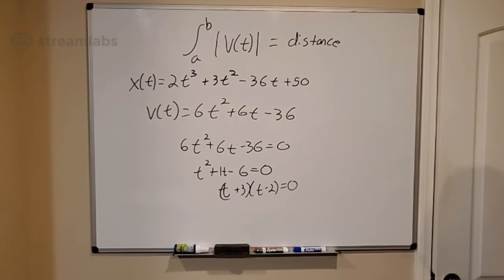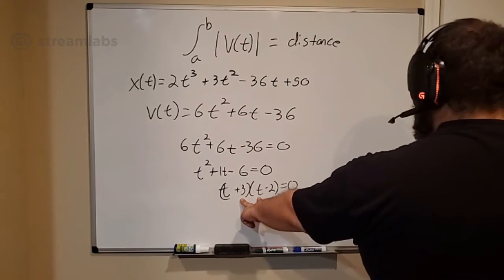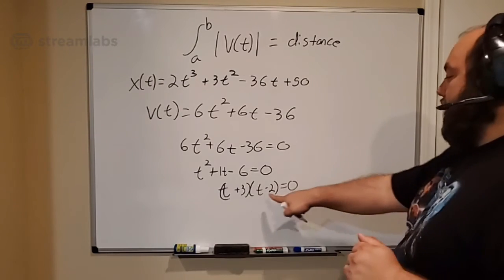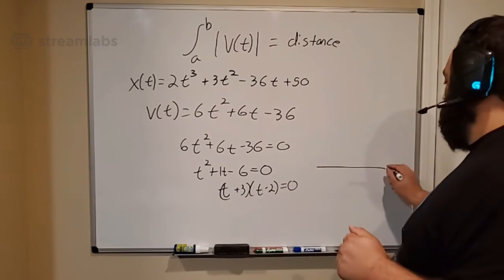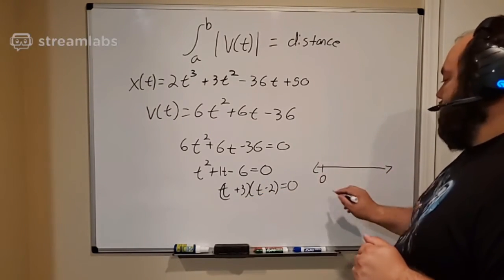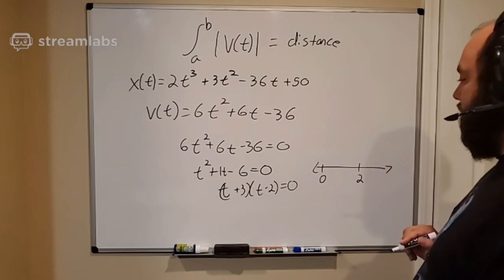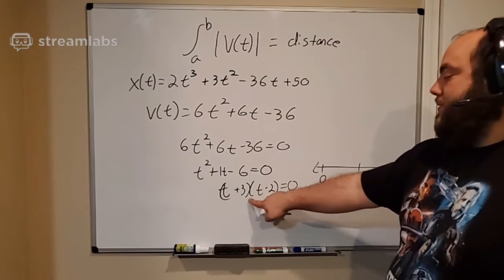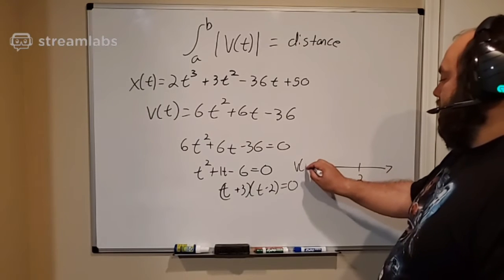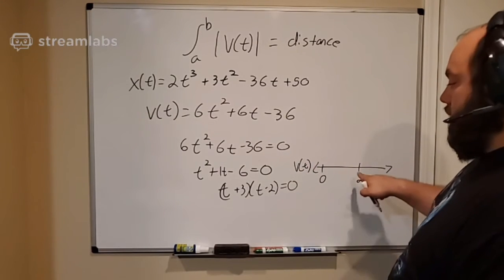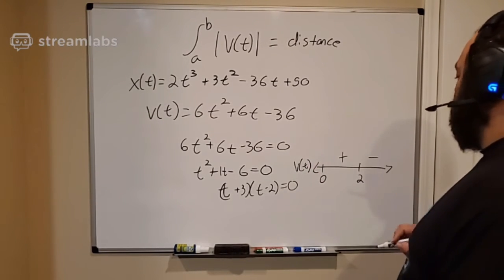I don't care about the negative 3 because my time starts at 0. So I put 0 and 2 on my number line and do number line analysis to see where it's positive or negative. In between here, it'll be positive and then negative. And I'm doing from 0 to 5.